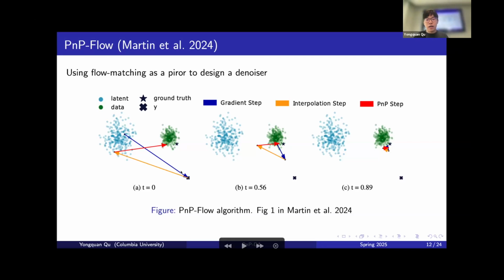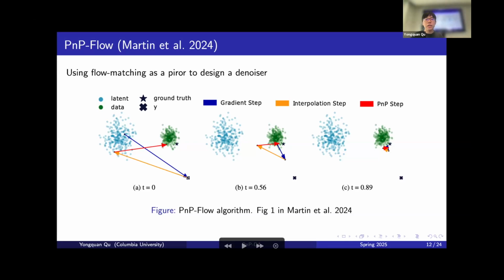As I mentioned, we won't be talking about sampling, but we will see how it works with the PnP framework. If you remember, the first step is to take a gradient step with respect to your observation. So with a random initialization, you take a gradient step in your optimization. Then the second step is the denoising step. They use this flow matching-based denoiser to map this intermediate step back to the data distribution.